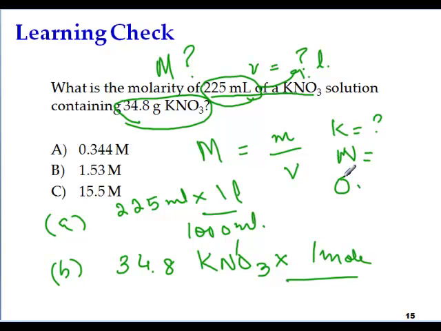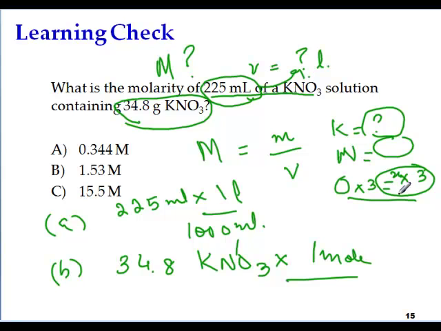For oxygen, there are 3 of those, so find the number and multiply it by 3. Once you have that, add all these numbers up, and the value will be the molecular weight for 1 mole. You plug it in here, divide these two values, and you get your answer in moles.